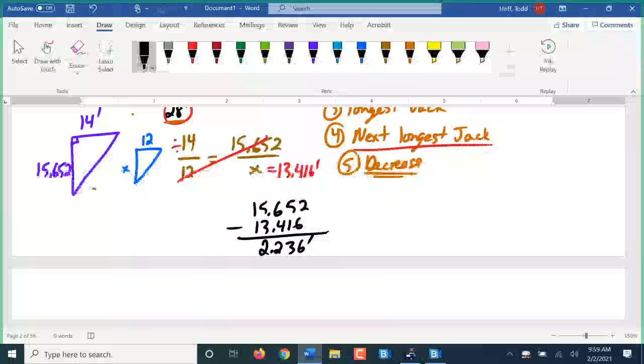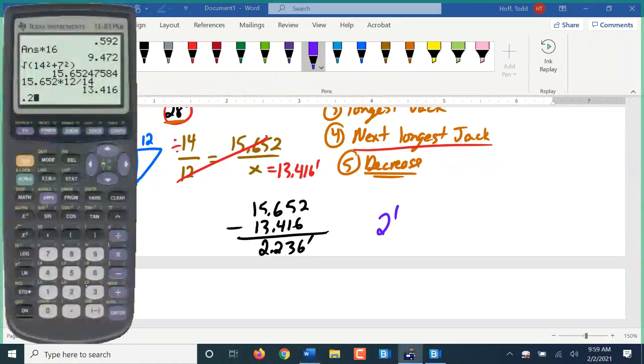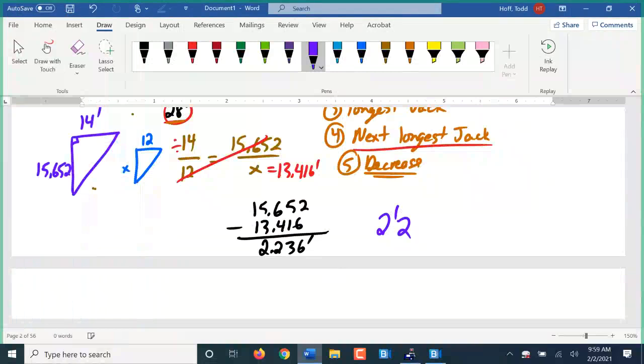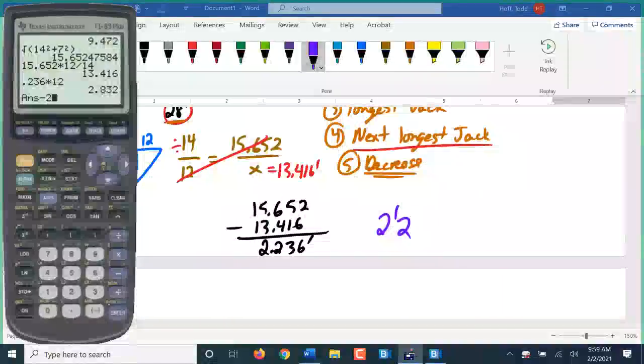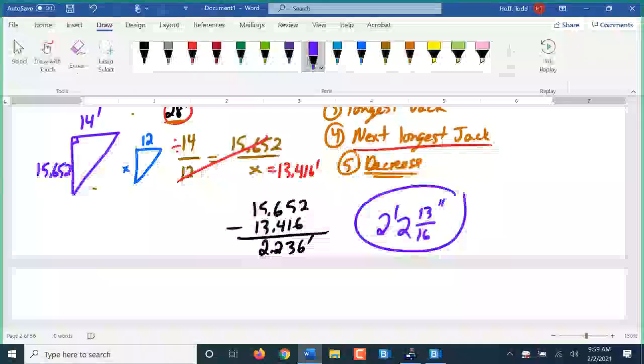That's the same decrease we had on a conventional hip end when both slopes were 6/12. 2 feet, take the 0.236 times 12, get 2 inches. Take off the 2 whole inches, we take the 0.832 times 16, gives us 13.3, so it's just 13/16. 2 feet, 2 and 13/16 inches. Any questions there?